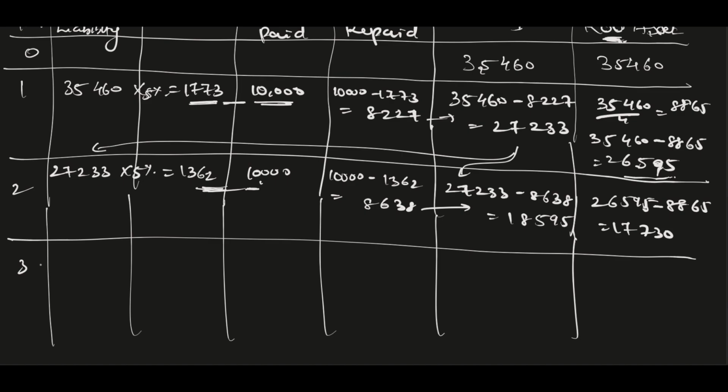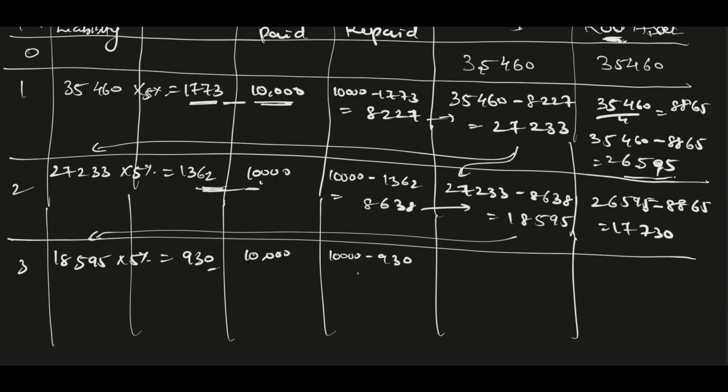Okay, then third year, this will be the opening balance, opening liability 18595, on which I'm supposed to pay 5% interest. That comes to 930. But however, the company pays 10,000, so that means remaining is principal repaid. So 10,000 minus 930, so that comes to 9070.